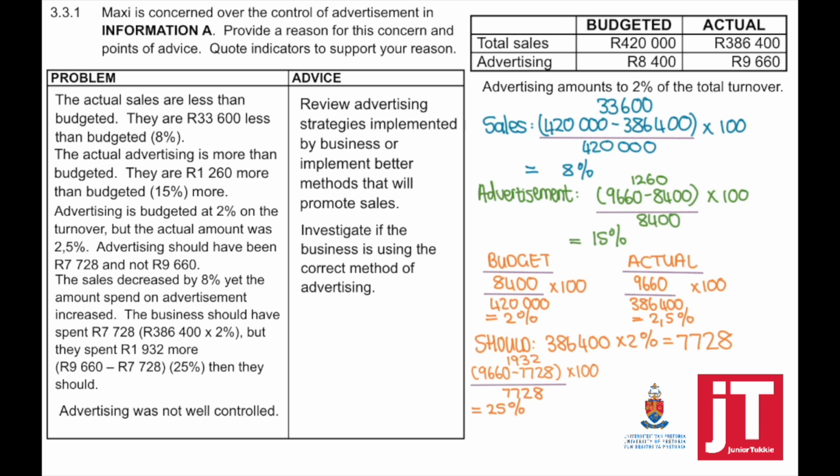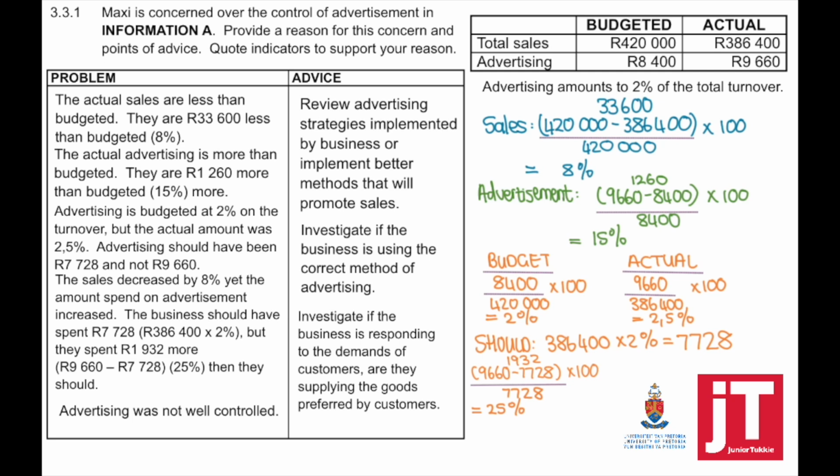It wasn't the correct method that we used to advertise our business, our product. Investigate if the business is responding to the demands of the customers. Are they supplying the goods that the customers are preferring? So this is all advice which you can give, identifying that the advertising was not well controlled.